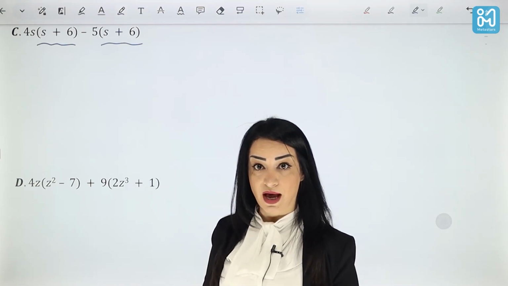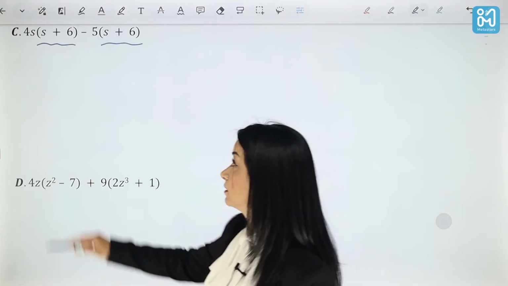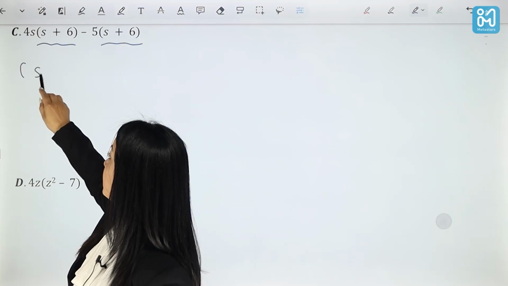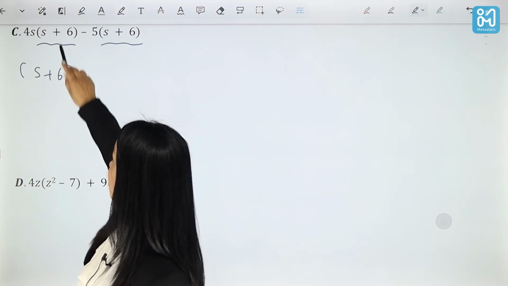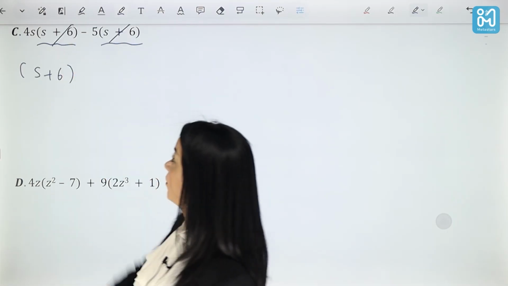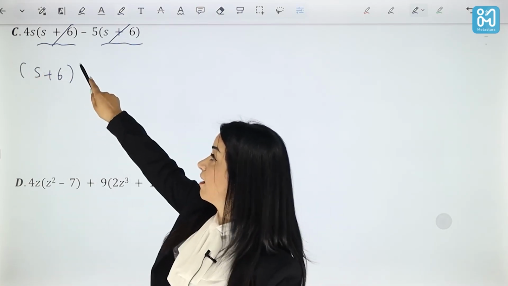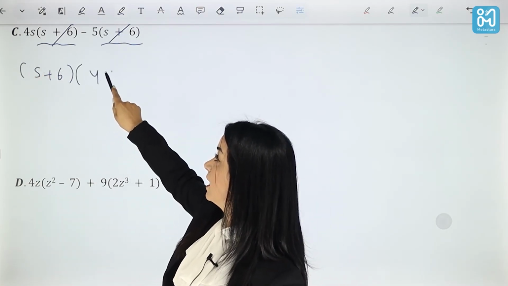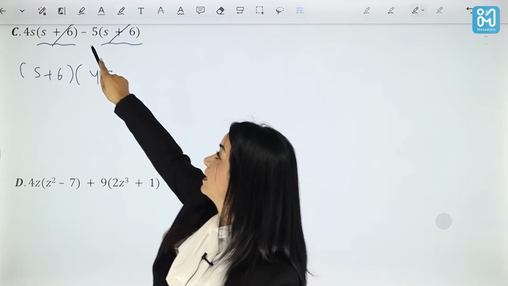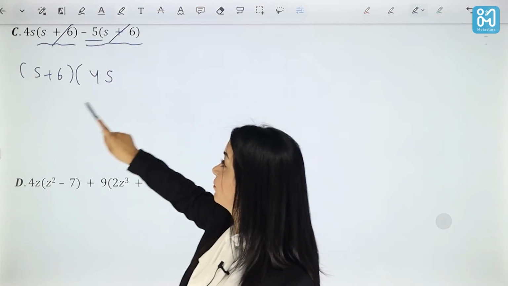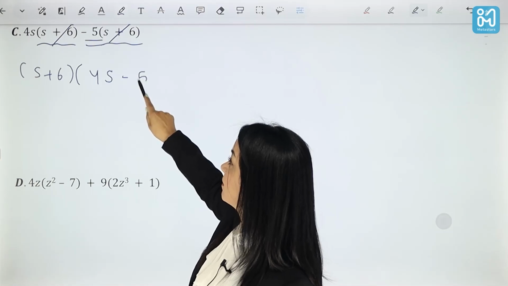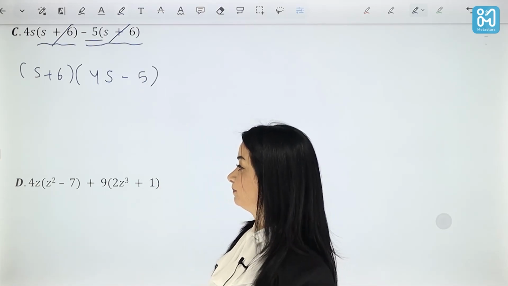I need to take them out as what? As a common factor. So s plus 6 out as a common factor. So I took them already as a common factor. What I have here to write, I have left 4s from the first part. Then what do we have in the second part? It's minus 5.